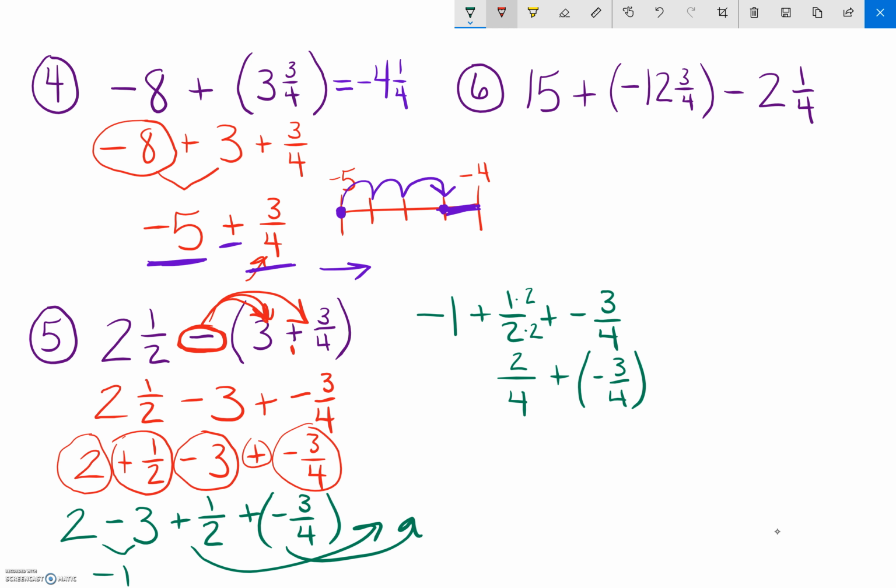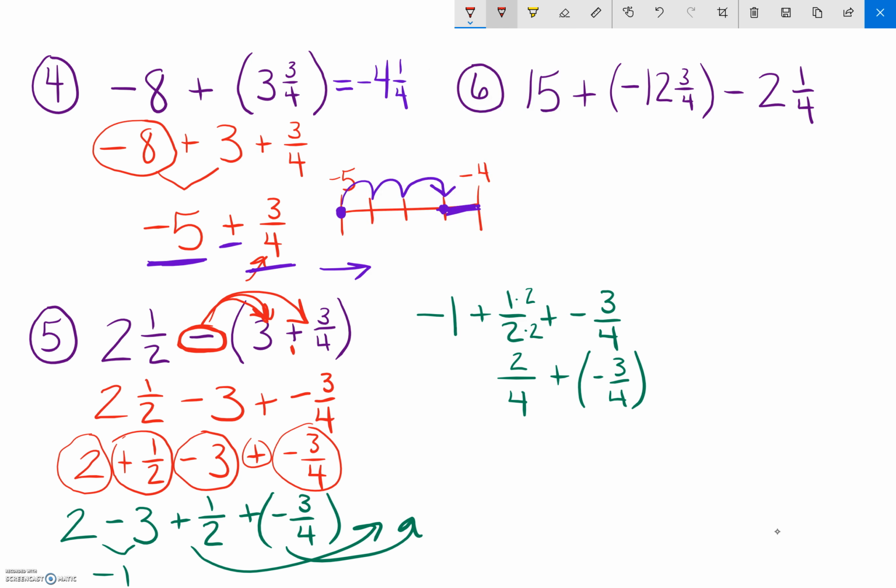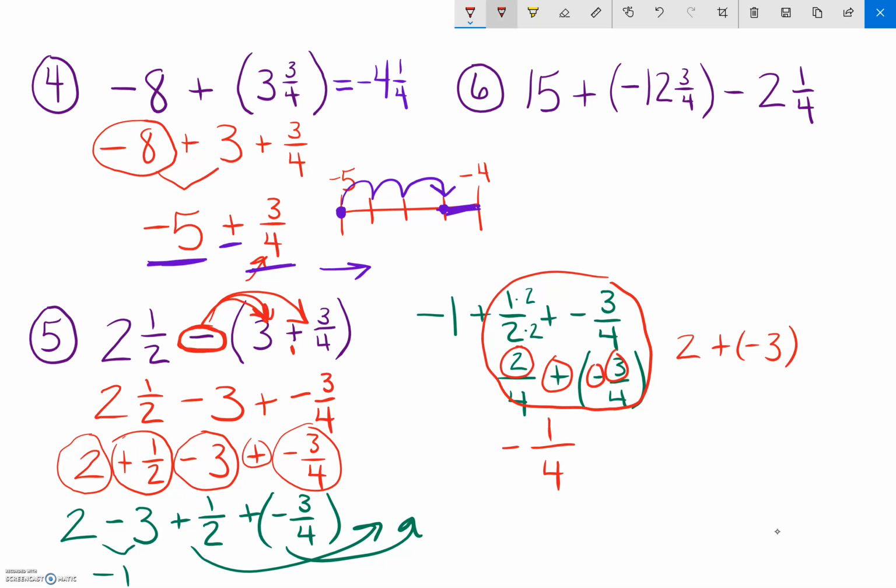And now we can work with the fractions, and you do that just like you do with integers. So the denominator is going to be 4 no matter what. And so we are doing 2 plus negative 3. Going a little faster now, not going to show all the steps. 2 plus negative 3 is negative 1. So all of this work right here becomes negative 1/4.